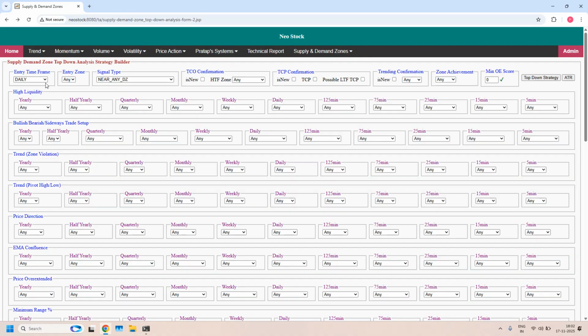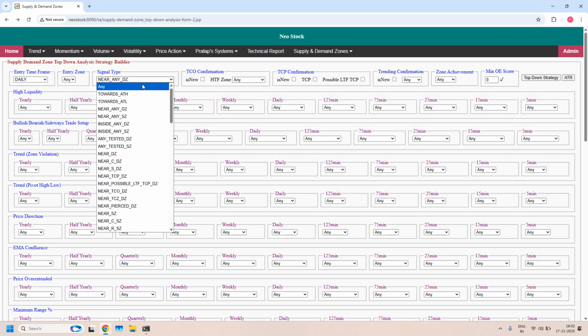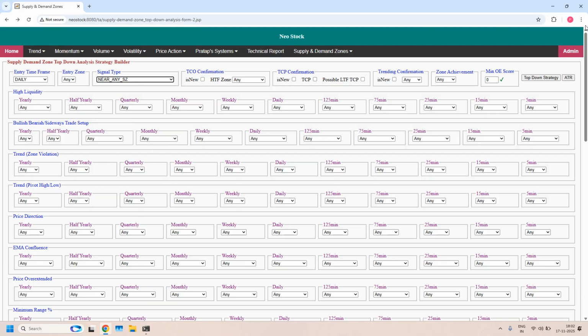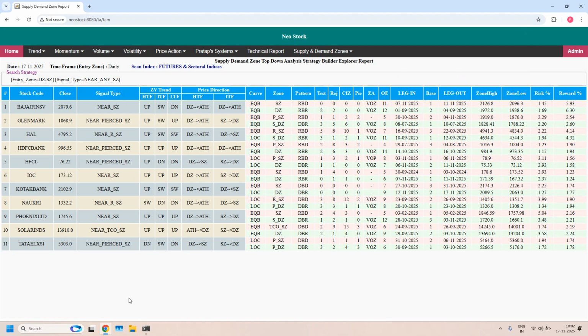Okay, next, for daily time frame, stocks near to the daily supply zone. We got 11 stocks. So let's identify high priority, daily high liquidity supply zones. HAL is a pierced zone.